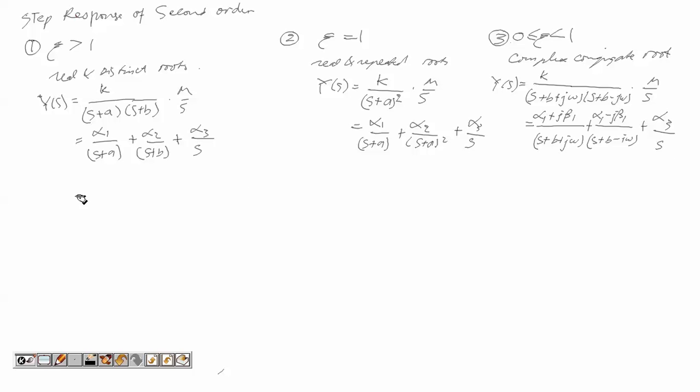So in the final result, you will get alpha 1 e to the minus a t plus alpha 2 e to the minus b t plus alpha 3.